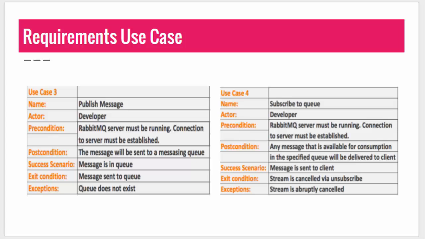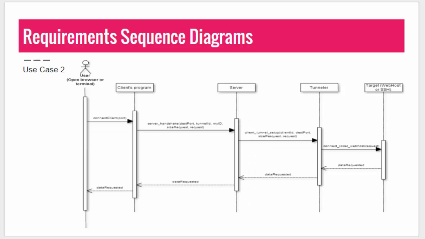The sequence diagram we see is for use case number 2 for the Tunneler software. Here we can observe how the user will start by opening the browser or the terminal. At that point, it will connect to a client, where the client is listening to a specific port. Then this client is going to connect to a server, creating a handshake where it's going to pass the parameters.